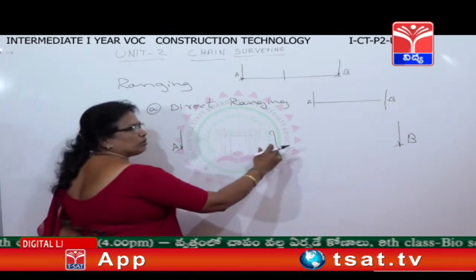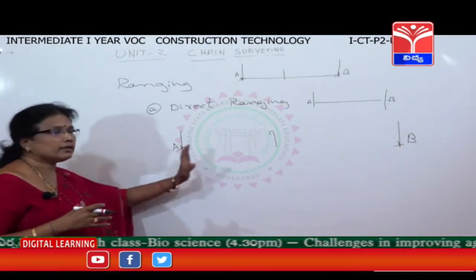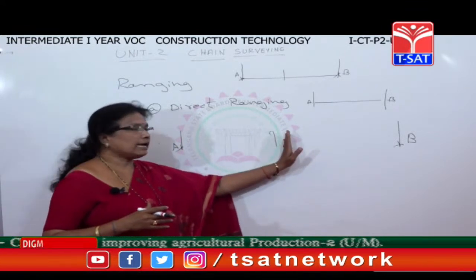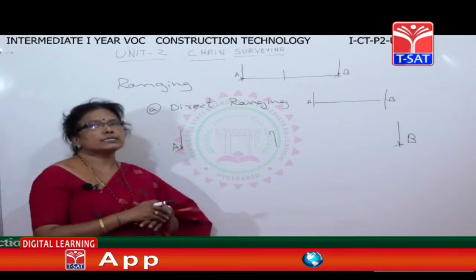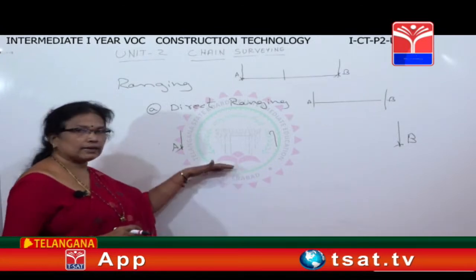See, if this is more than 50 meters or like that, you cannot hear. The person standing here cannot hear the sound of the one standing there. So that time what you should do, you have to follow a few signals on the ground. Those signals I will tell you after this class.